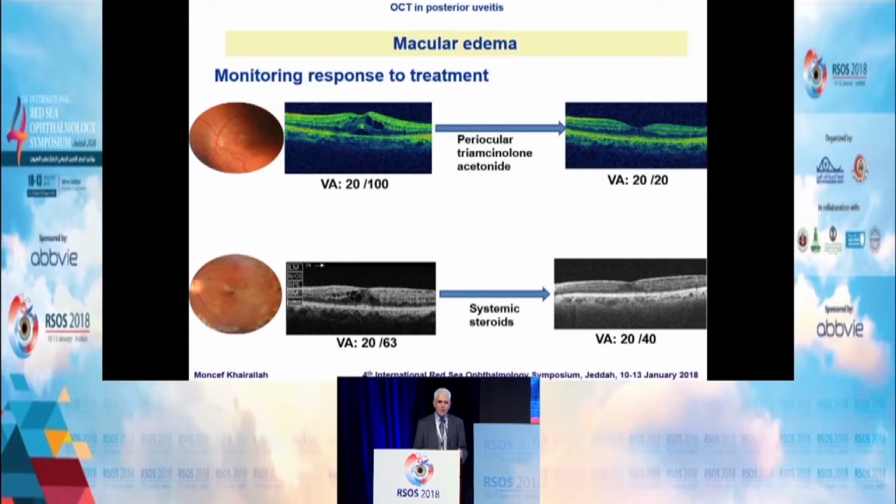OCT is a very important tool for monitoring the response of macular edema to treatment. As you can see, here is macular edema before and after treatment with periocular triamcinolone acetonide or systemic corticosteroids, and we can document the resolution of macular thickening following treatment.